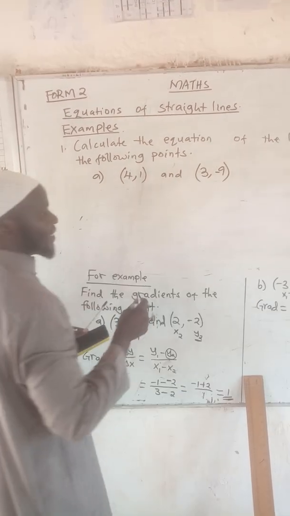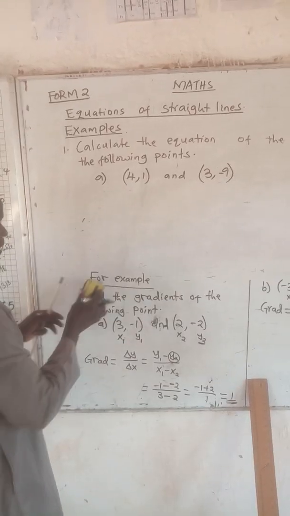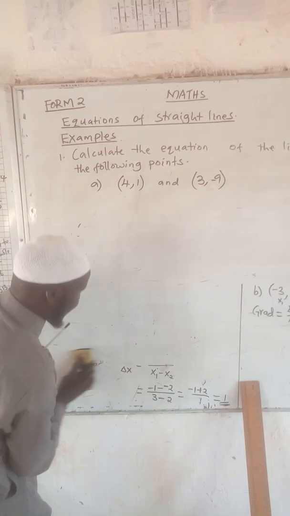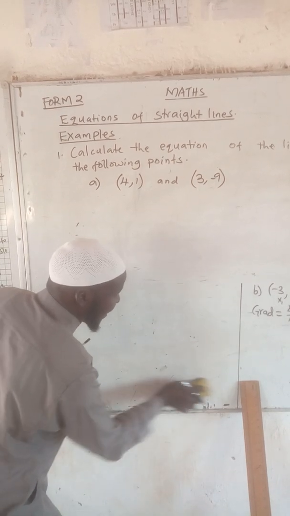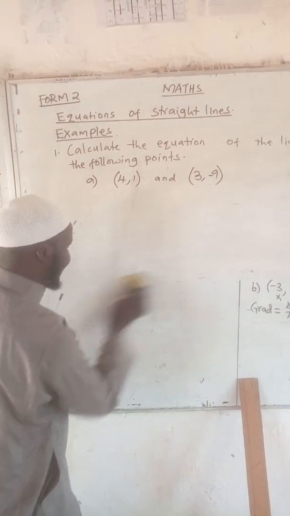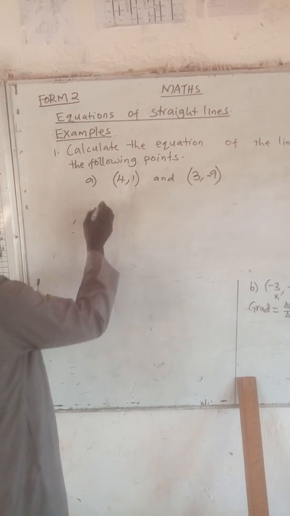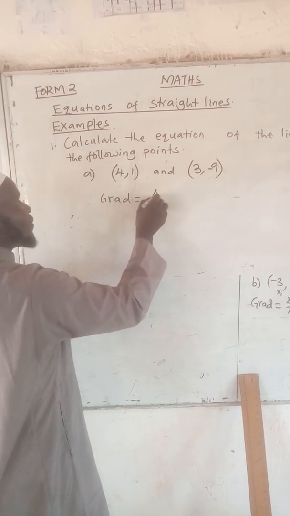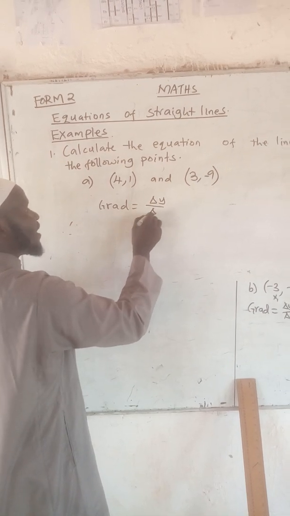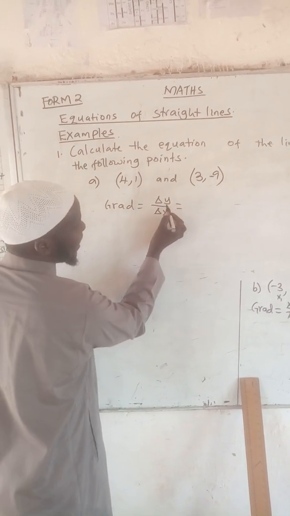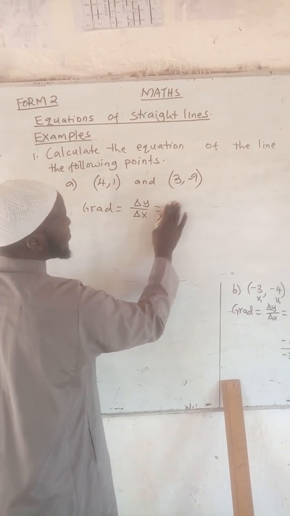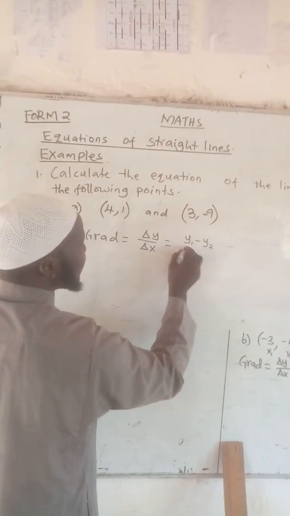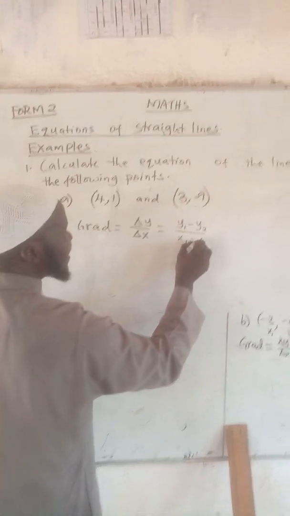Let me use that. Now, I told you the first thing, first of all, start with the gradient. Get the gradient. Now, how do we get the gradient? Gradient is given by change in y over change in x. This is just the same as I've said: y1 minus y2 over x1 minus x2.